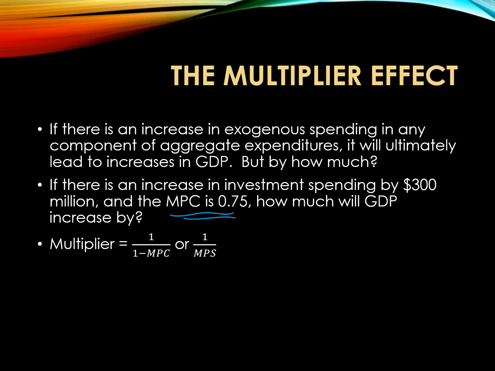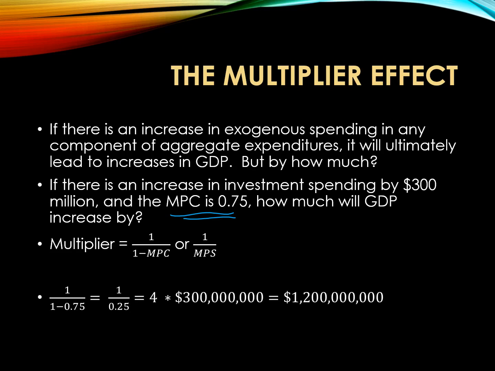So in this example, since the MPC is 0.75, we would do 1 over 1 minus 0.75 or 1 over 0.25, whichever you want to do. Both are going to give you the same answer, and the answer is 4. But that's the multiplier. That's not the answer to the question. It was asking how much does GDP increase by? So it's going to increase by a multiple of 4.